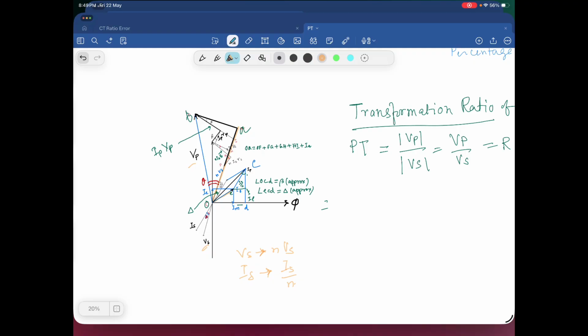So we have to draw this diagram and accordingly we will find it out.